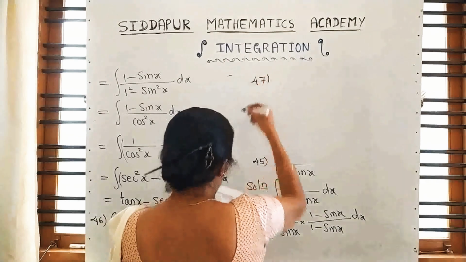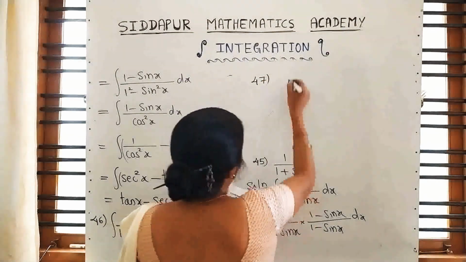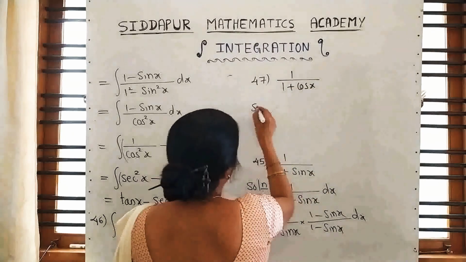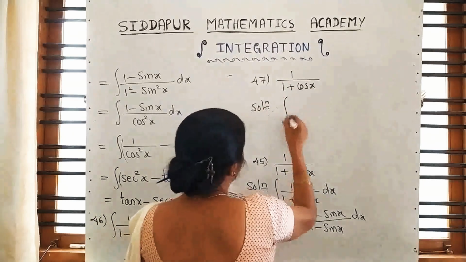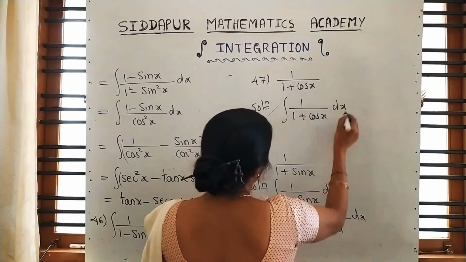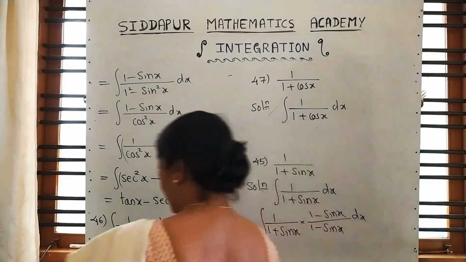Question number 47. 1 upon 1 plus cos x. So here also first with integral sign write down. Again here also go for rationalizing like the previous one.